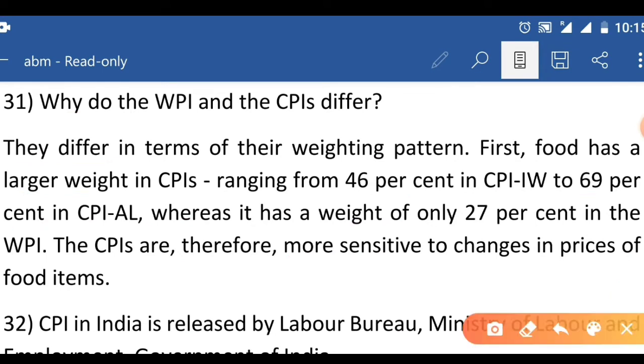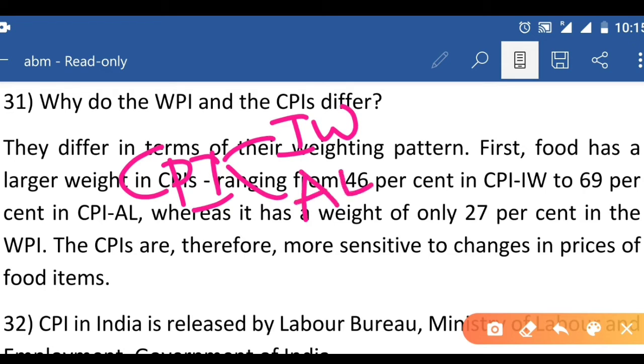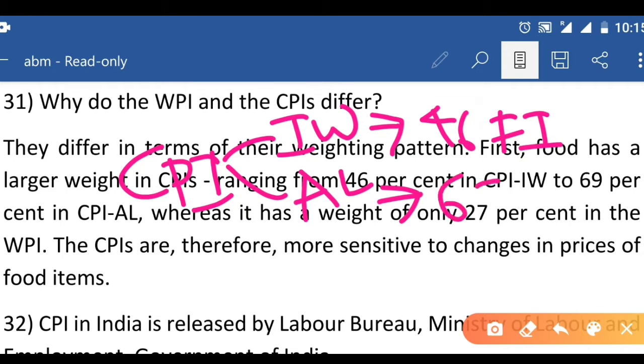Here in the consumer price index, we measure with different people. We measure with industrial workers, agricultural laborers. In industrial workers, we give 46% weightage to food items. In agricultural laborers, we give 69% weightage to food items.